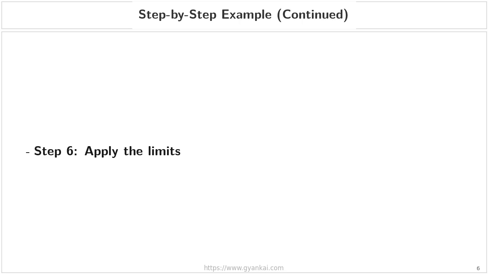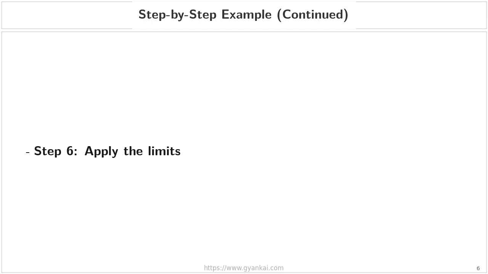Okay, so we've reached the final step in evaluating our definite integral. As we discussed in the previous slides, after performing the substitution and simplifying the integral, we need to apply the new limits of integration. Now, remember our antiderivative. We found that the integral of t with respect to t is 1/2 t squared. So, we have 1/2 t squared evaluated from our lower limit to our upper limit.